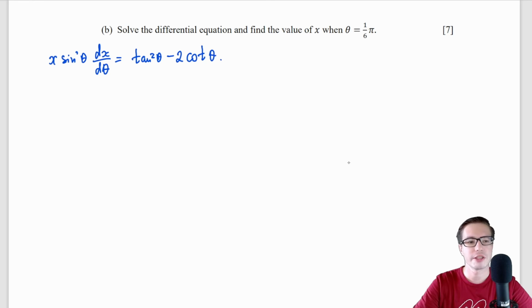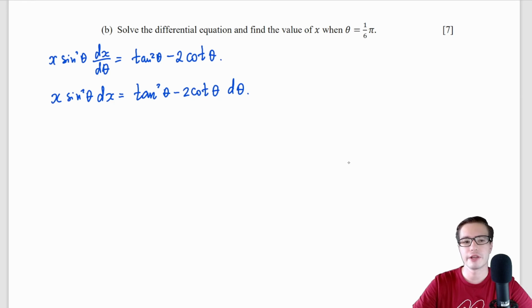But now I will proceed and just multiply both sides by d theta. Now here my goal is to separate the variables, so that means everything with x should be on the left side, including dx, and everything on the right should only have theta. So that means I'll divide both sides by sine squared theta.